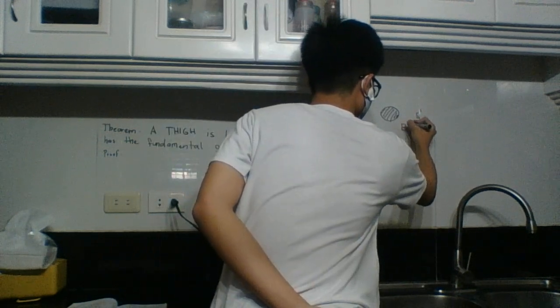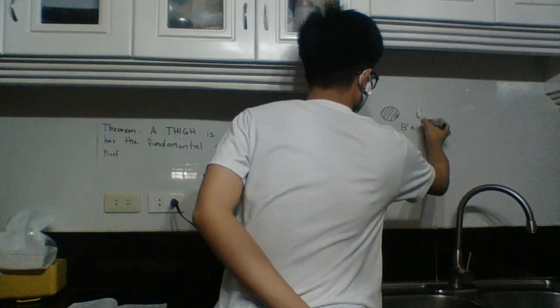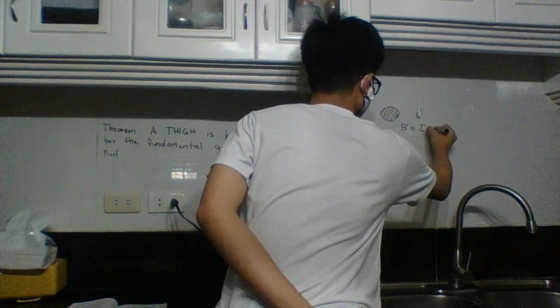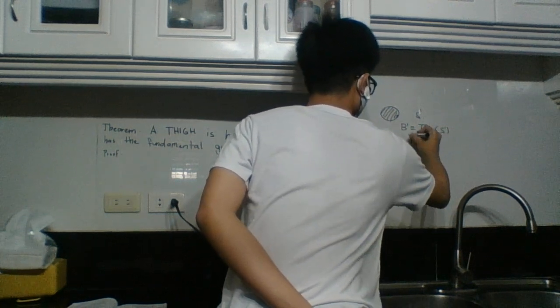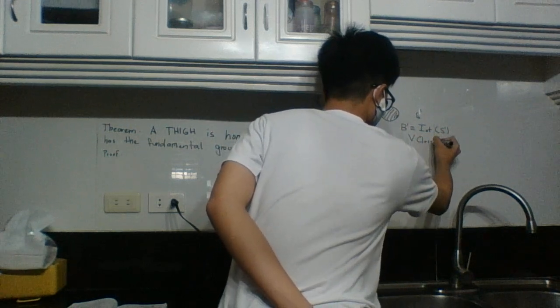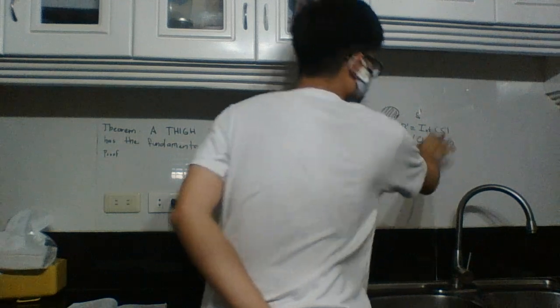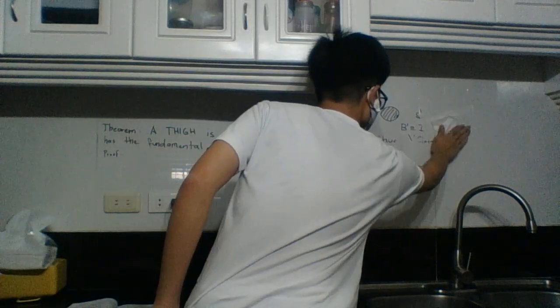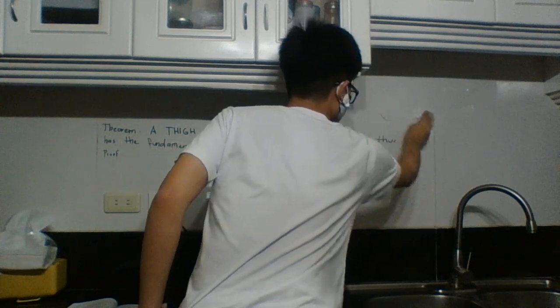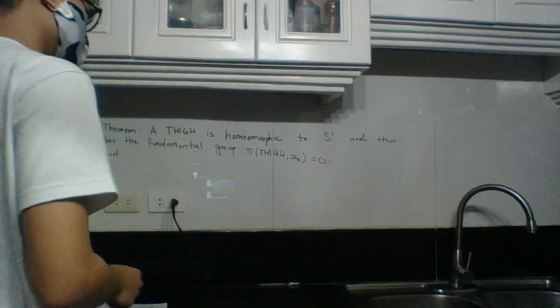So B1 is roughly equivalent to the interior of S1, or the closure. But I think it's really the interior, not the closure. But that's not our focus for today. Okay.